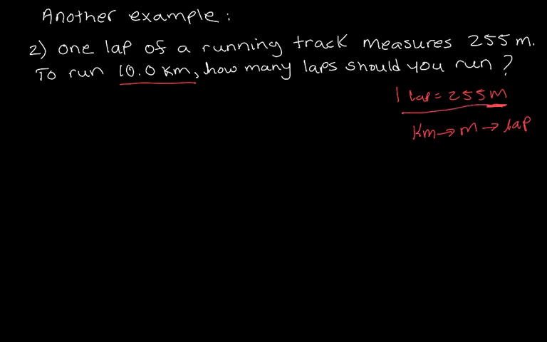Okay, so let's go ahead and do that. We're going to start with 10.0 kilometers. And since kilometers is on the top, we're going to put kilometers on the bottom. And then we're going to put our desired unit of meters on the top. Well, let's relate this.